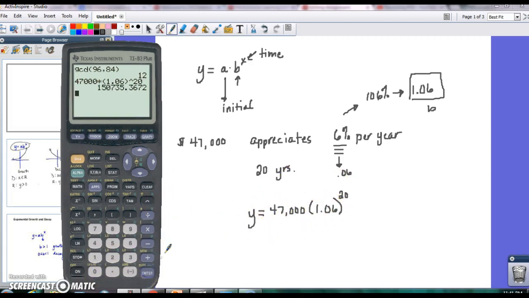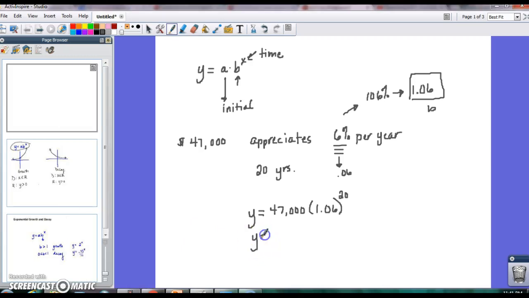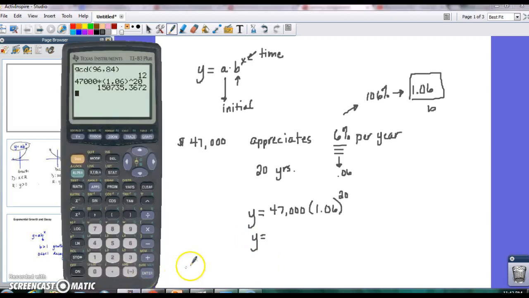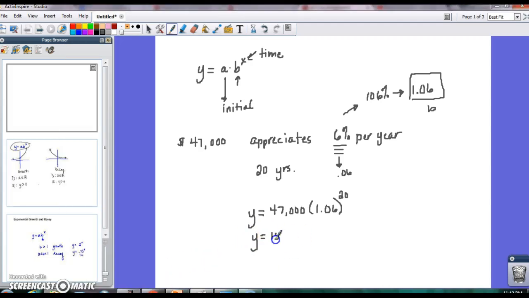And if I press enter, that tells me in 20 years my house is going to be worth $150,735, roughly, if I were to round to the nearest dollar. That's what it would be worth in 20 years if it were to appreciate at 6%.